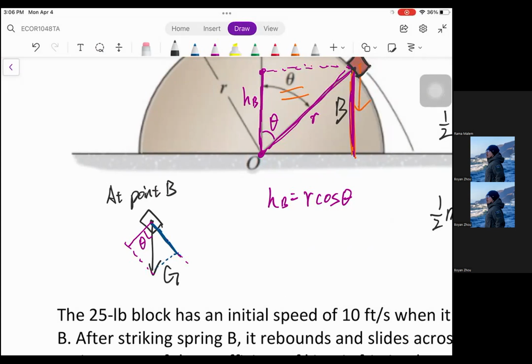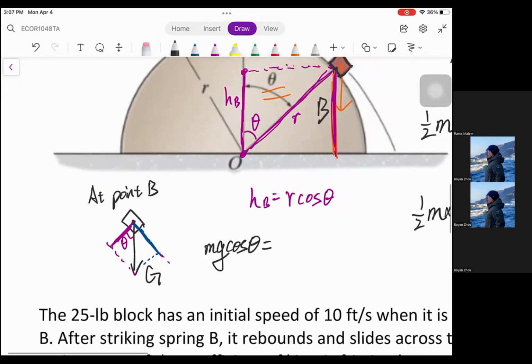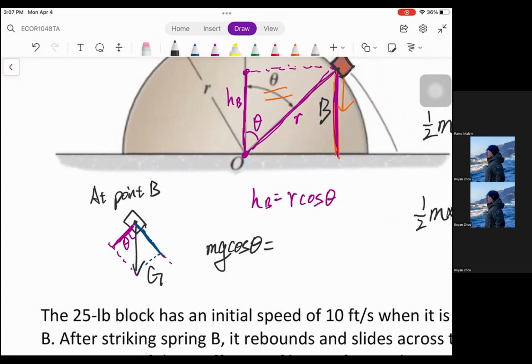So the component that is pointing inwards, pointing towards the center of the cylinder, is actually equal to the centripetal acceleration. So this force component is mg cosine theta, the purple component, and it is equal to the centripetal force.